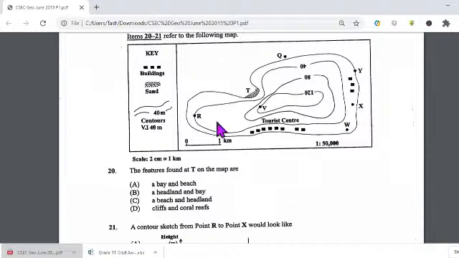Once you have marked that off, your next step is going to be to mark off everywhere where your paper touches a contour line. So you mark off where it starts, mark off here, mark off here, mark off here, mark off here, and here.